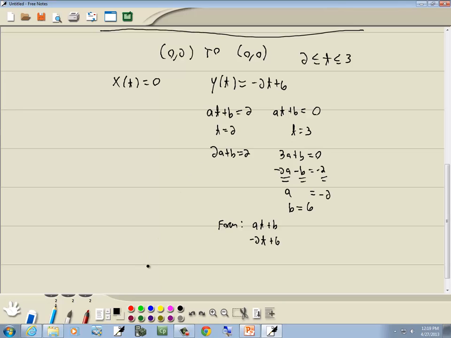So that works. So our third one is going to be 0, which I don't have to put, negative 2t plus 6j from 2 to 3. So let me write that down.